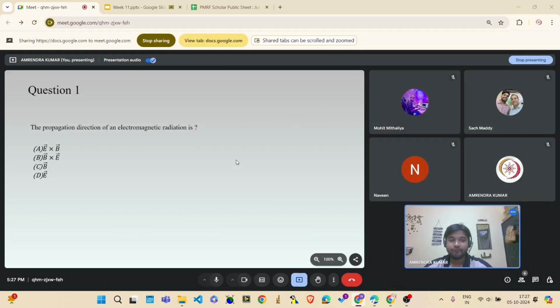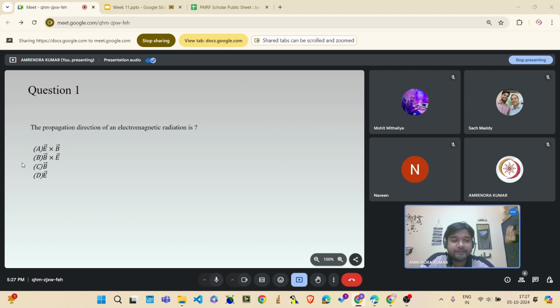Okay, that's it. So let us go to our first question. The propagation direction of an electromagnetic radiation is: E cross B, B cross E, B vector, or E vector. You know that the propagation direction is essentially given by the Poynting vector.